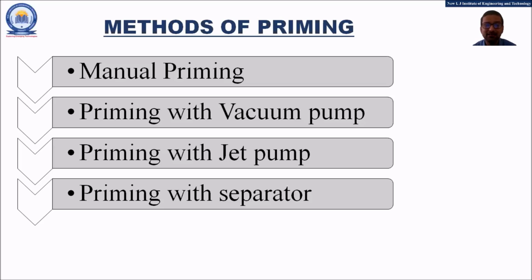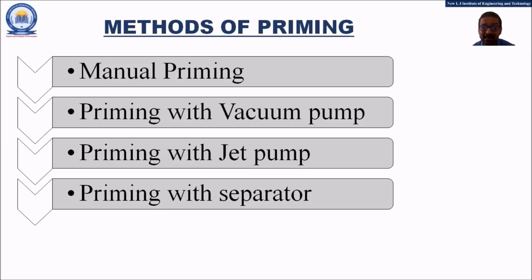The next method of priming is priming with a jet pump. In the jet pump, with the help of an injector, we inject the liquid at high pressure inside the pump, so that the air and the impurities in the passageways are removed by this high pressure jet of liquid, and then we can run the pump effectively in the practical application.